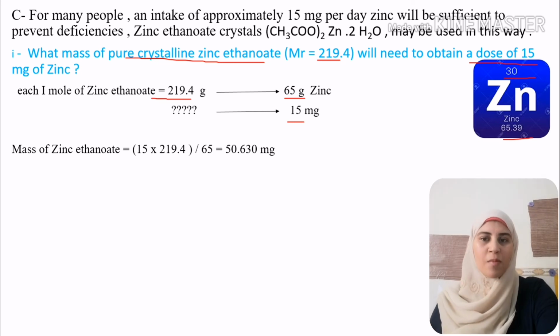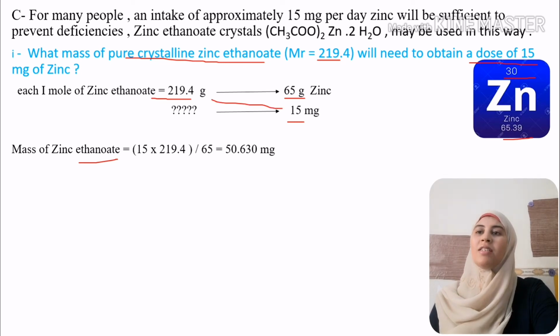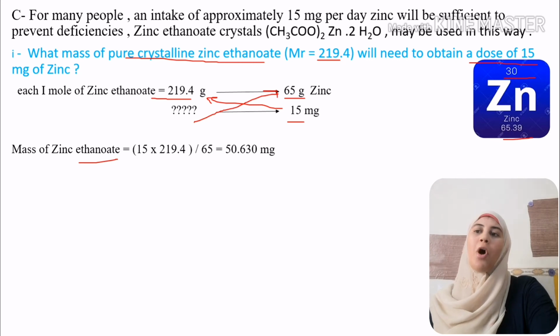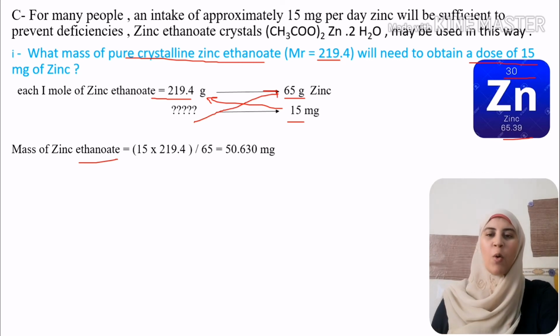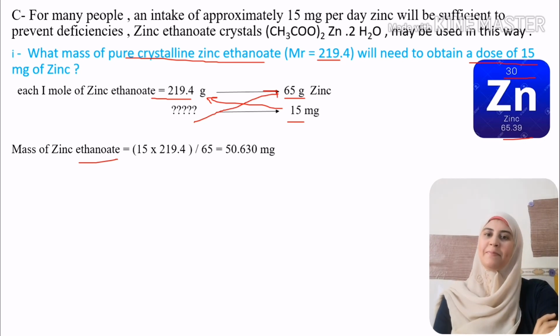Just by using cross multiplication, the mass of the zinc ethanoate is 15 times 219.4 divided by 65. So I need to take 50.630 milligrams of zinc ethanoate.